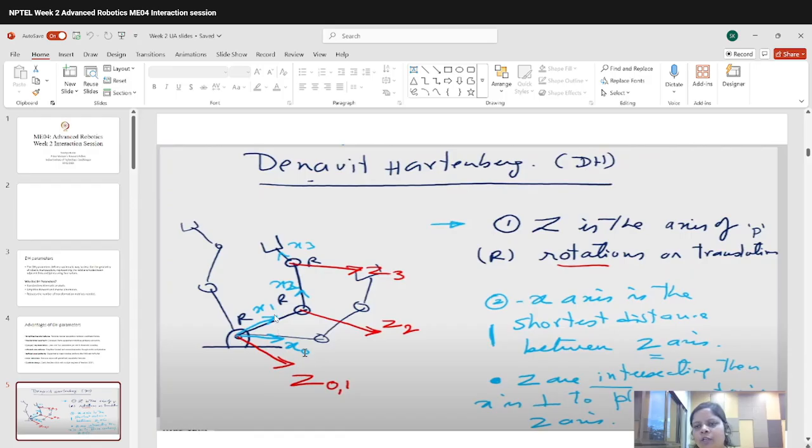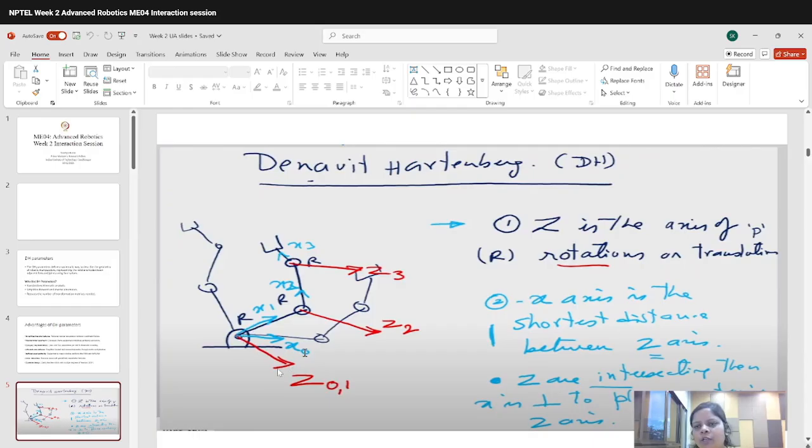For x1, we will have it pointing in the direction in between the revolute joints, and z1 will also coincide with z0. Basic thing is in link 2, x2 would be along the link between the two revolute joints. This is also a revolute joint. So what do we do here?